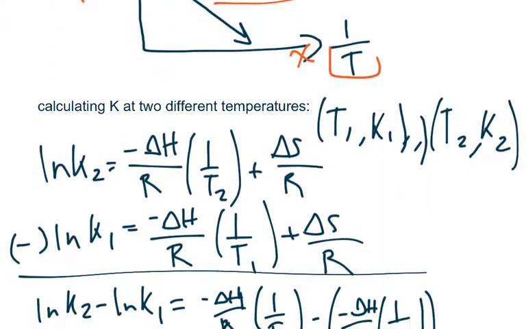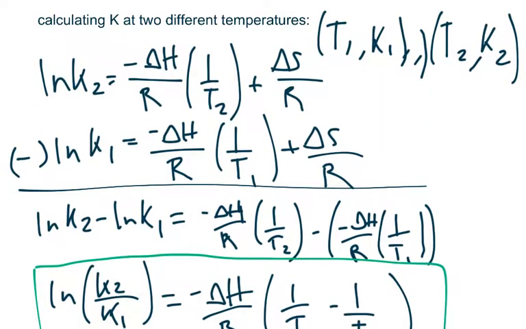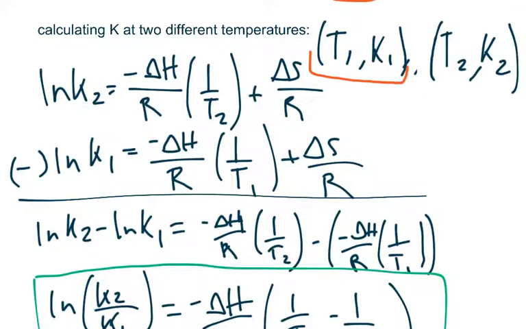So, we need to use this equation mainly because we might want to calculate K at 2 different temperatures. So how do we do that? Well, we can have 2 points, so T1, K1, and another point such as T2, K2, and we can actually write the equation for K2 and K1.